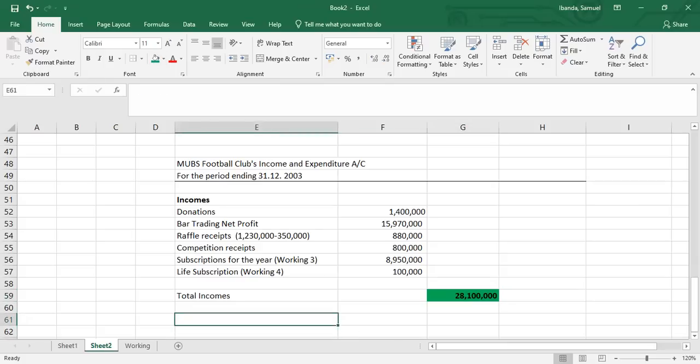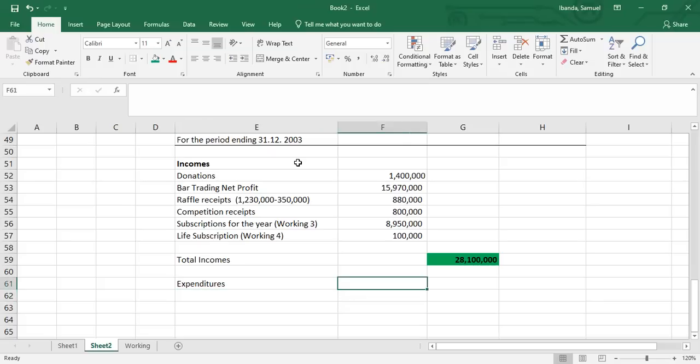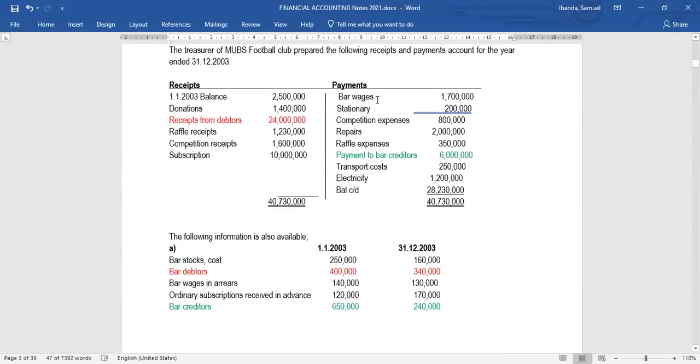Now, the other we're going to look at is expenditures, or expenses. The expenses that we look at in the income and expenditure are only expenses that relate to the general non-for-profit. Most of the information we shall get from our receipts and payments, depending on the question. Sometimes they may not bring you the receipts and payments.